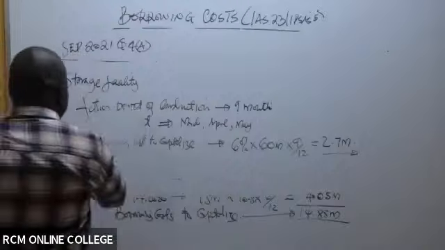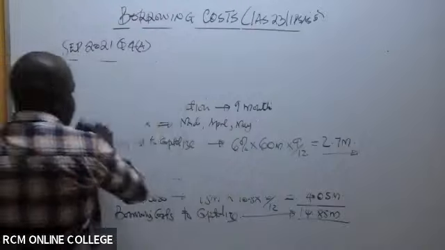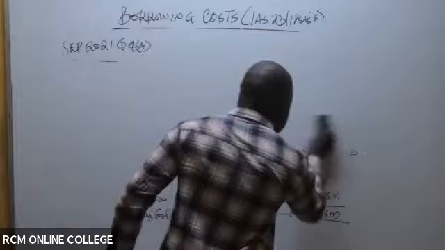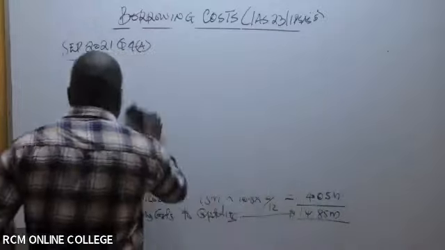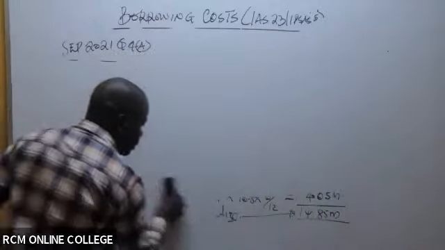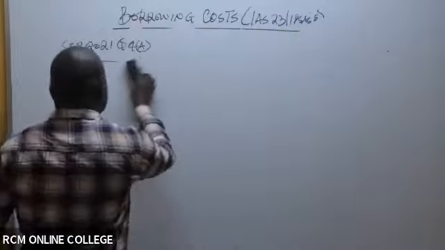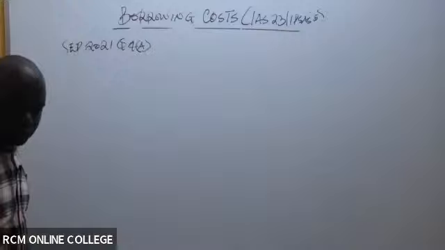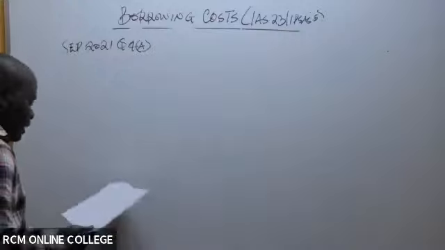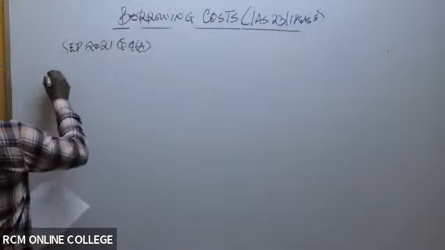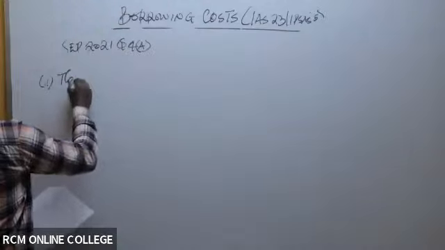So part 2, wacha tumalizie Roman 2. Roman 2, the value of the assets by the end of the year.